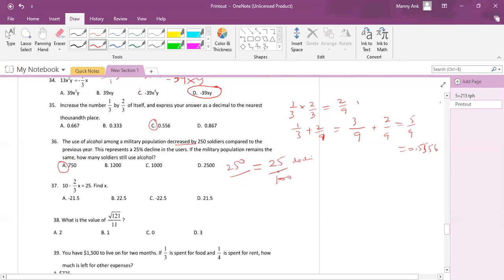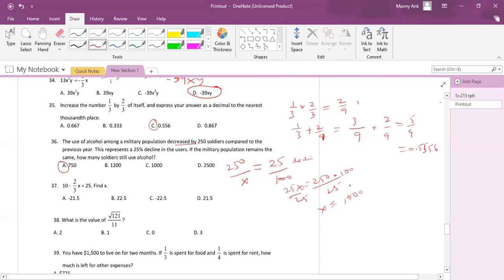We need to find the total number of people, X, because the 100 goes to the total. If you cross multiply, we'll have 25 X is equal to 250 times 100 divided by 25. So X will be equal to 1,000.